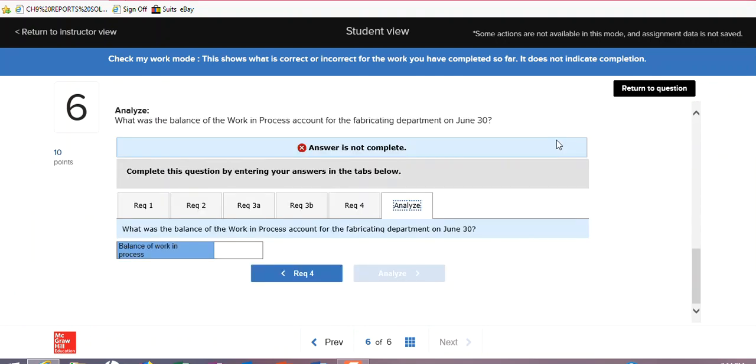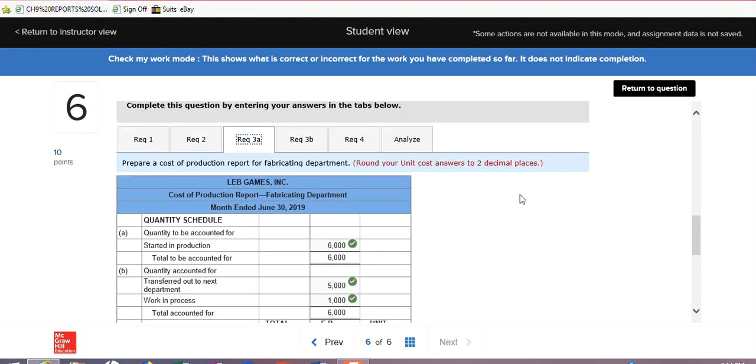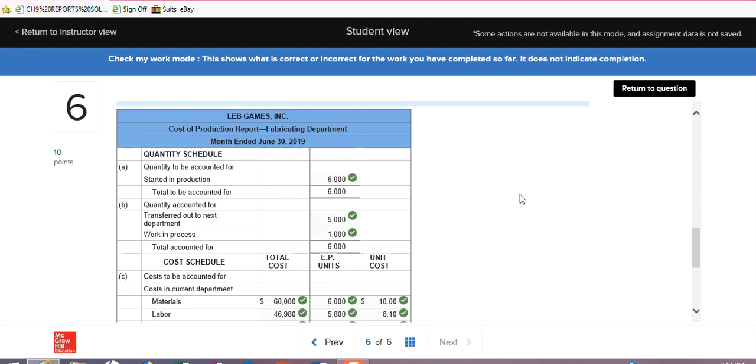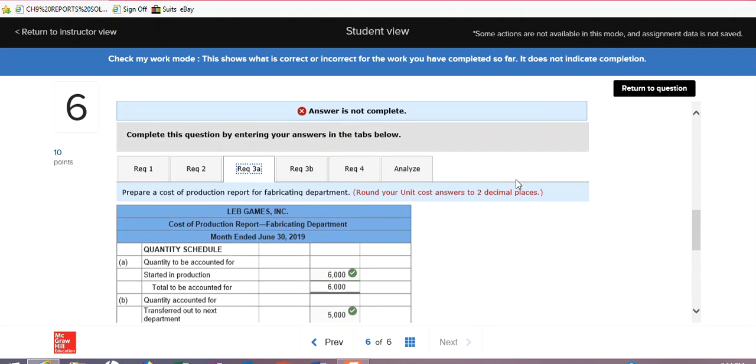And we've got an analyze. What was the balance of the work in process account for the fabricating department on June the 30th? So I am in requirement 3A.